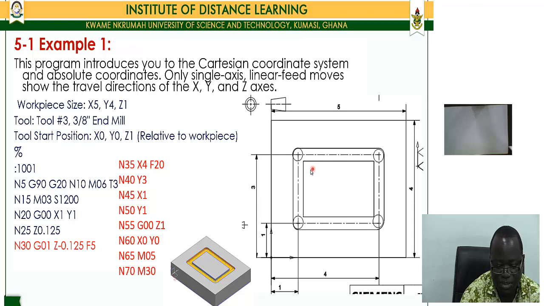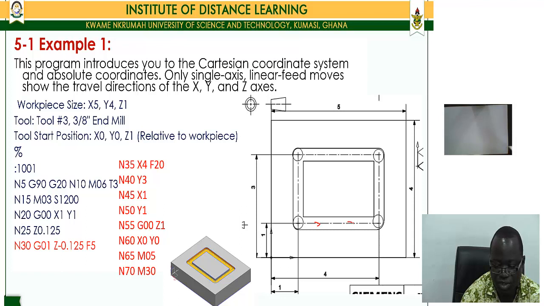So if you look at the piece here, we will have to make the tool start at this position, and then we go through the profiling by going in this direction here.